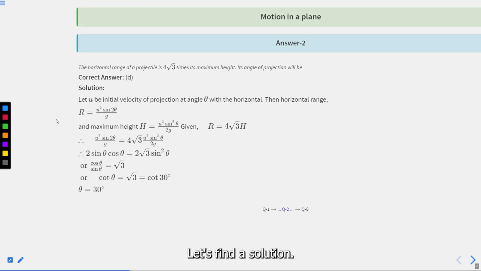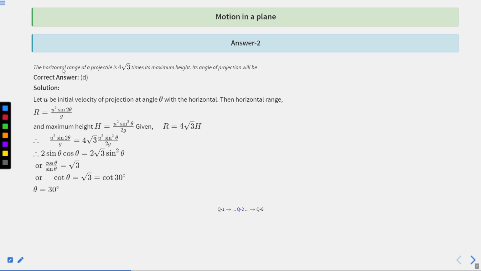Let's find the solution. The horizontal range of a projectile is 4 root 3 times its maximum height. The question asks about the angle of projection. We know the range formula. Let u be the initial velocity of projection at angle theta with the horizontal.